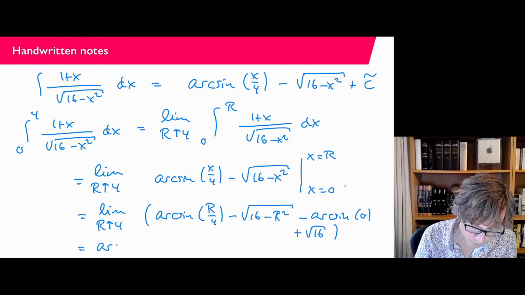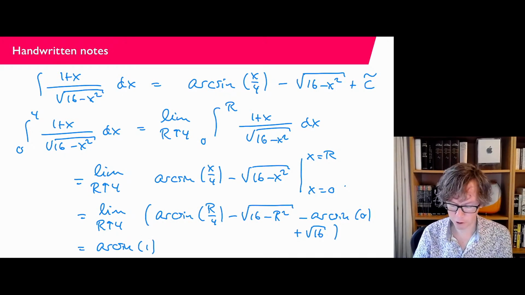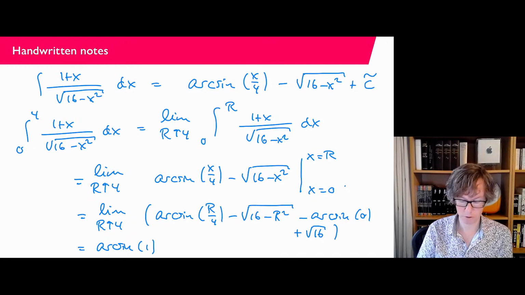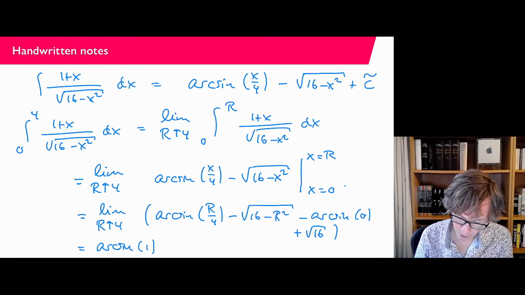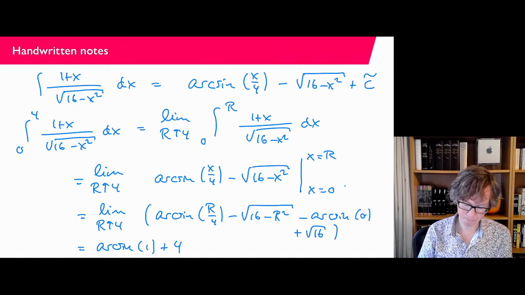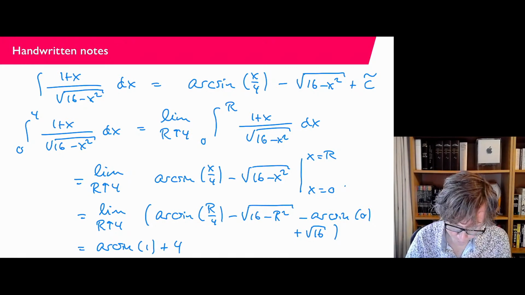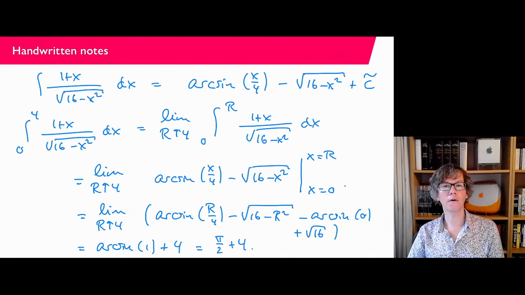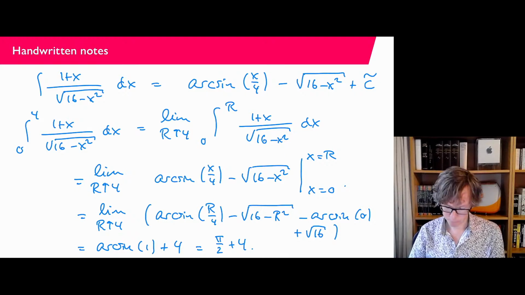So I get the arcsine of 1. R is going to 4, I just replace R by 4 because that's defined, there's no problem. And then we get plus 4, the square root of 16. And the arcsine of 1, so we need to find the angle whose sine equals 1. So that's pi over 2. So we get pi over 2 plus 4. So this is indeed the exact answer to the integral.